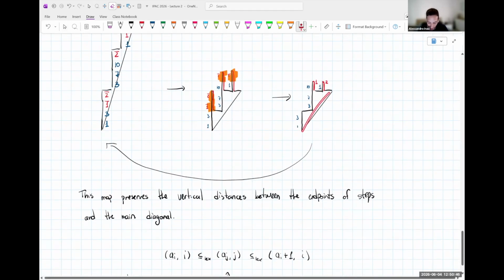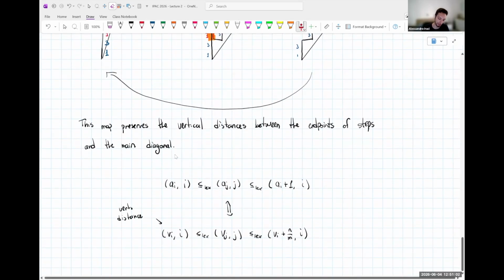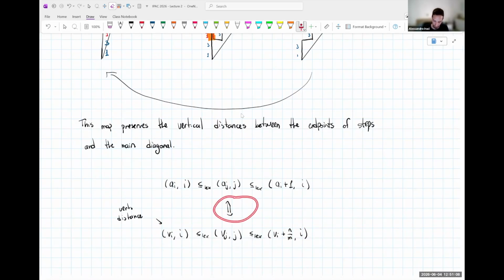So that's what makes this representation especially useful. It's very easy to compare the distances, horizontal and vertical, it doesn't matter. If we use the previous interpretation with the broken diagonal, we can still look at the vertical distances and everything works fine. But then we don't have the same if and only if.